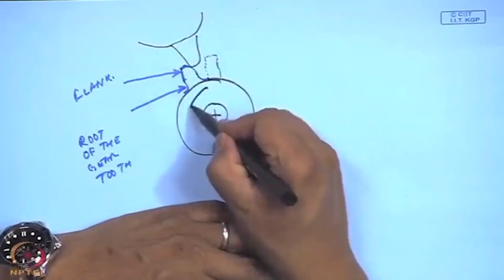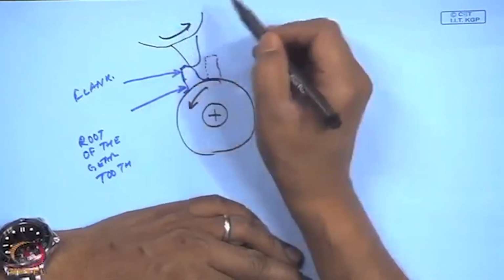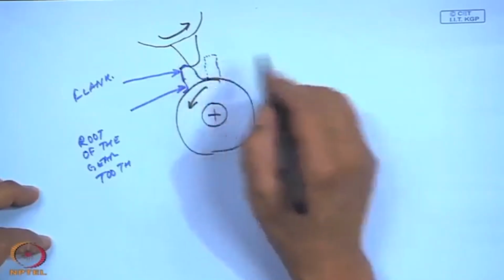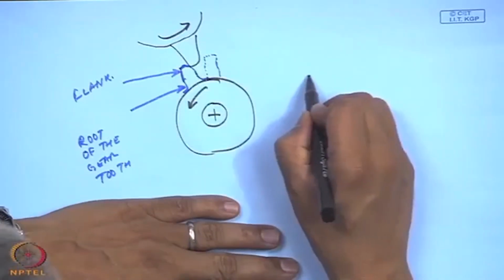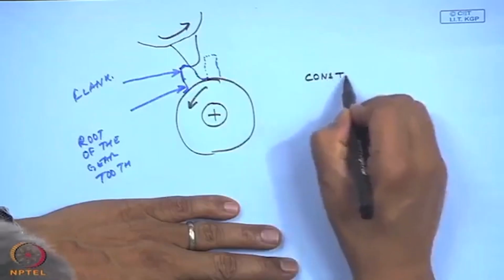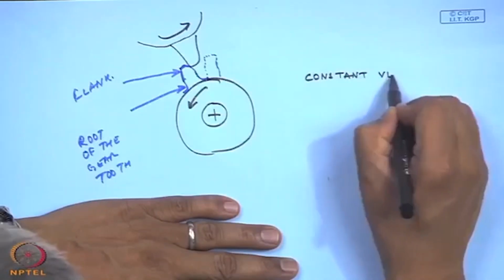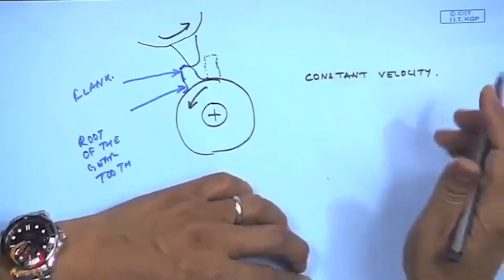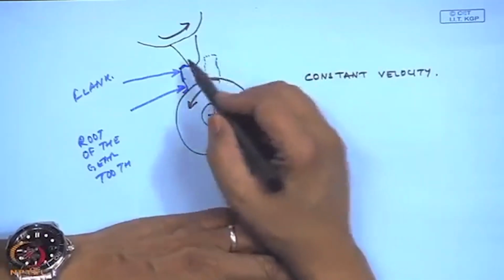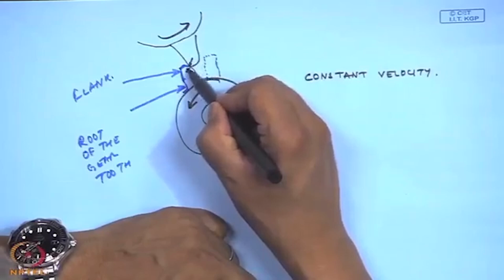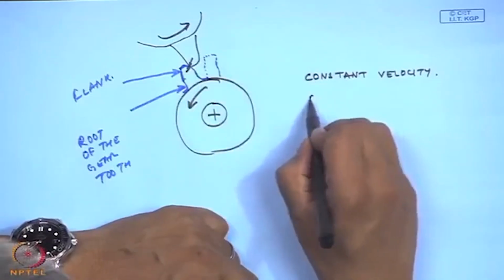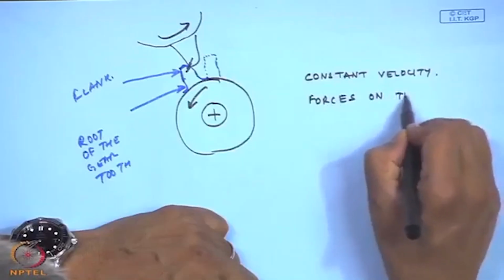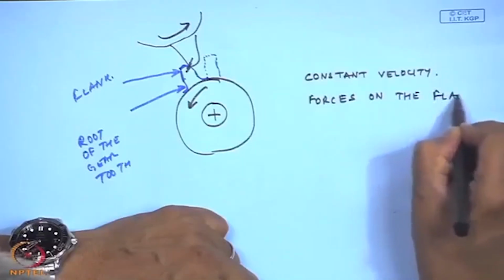One gear goes this way, the other gear goes this way. So, a lot of things happen on this gear. There has to be a constant velocity, otherwise we would be getting jerky motion and so on, and there will be forces coming onto the flank.